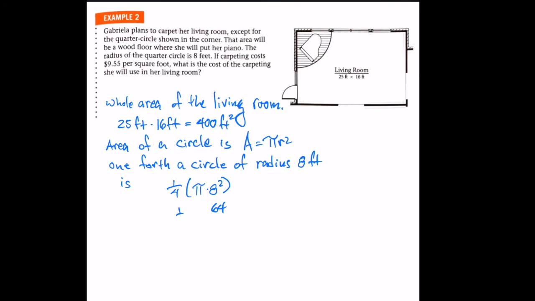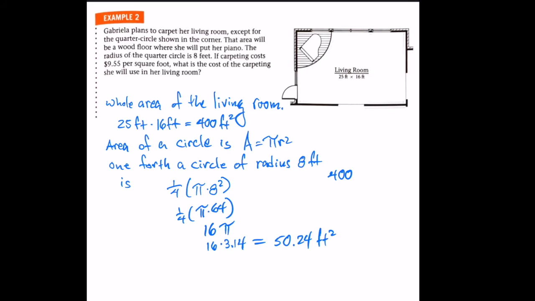And we're taking 1/4 of pi times 64. 1/4 of 64 is 16, so this really comes out to be 16 pi. Now, if we use pi is 3.14 and multiply that by 16, we get 50.24. So this is 16 times 3.14 is equal to 50.24 square feet.